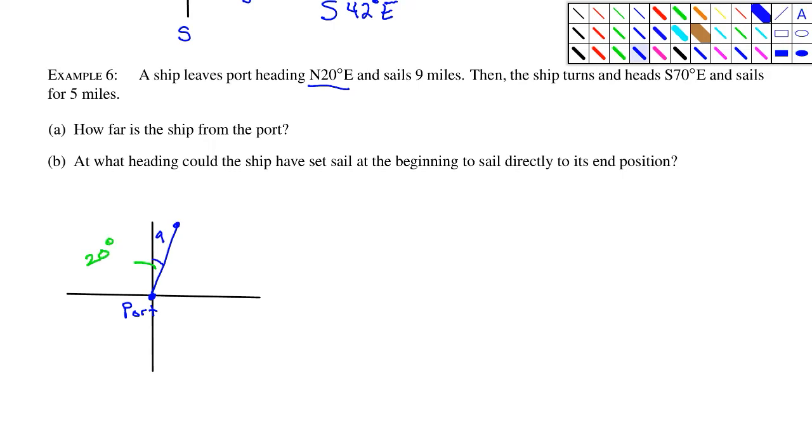At this point, the ship then turns and heads in a direction of south 70 degrees east. All right, to do that, I need to get a new coordinate system drawn.